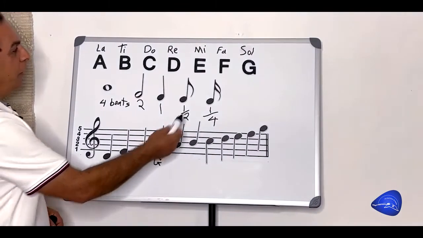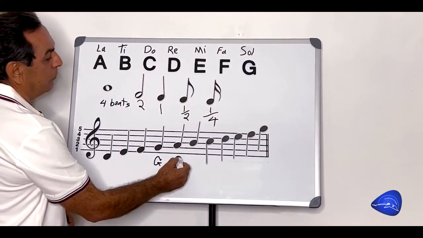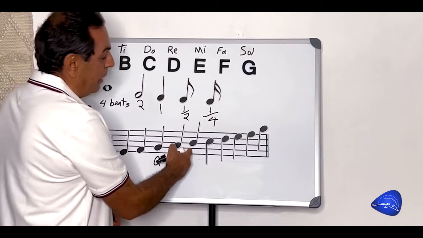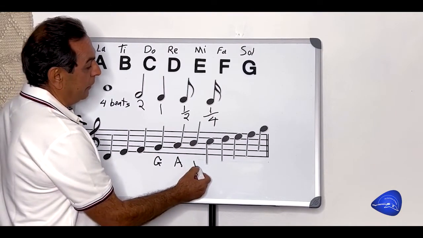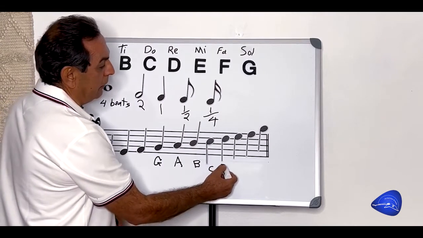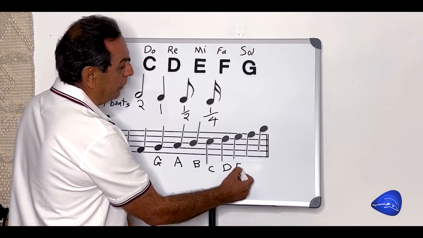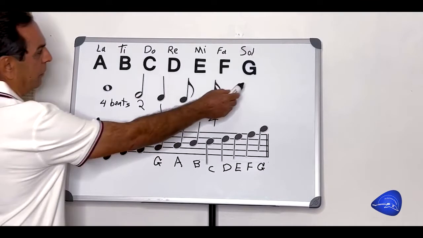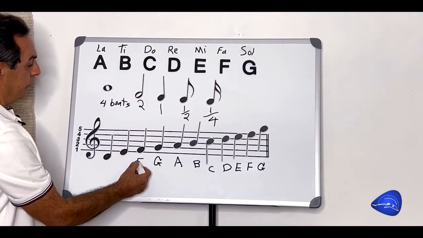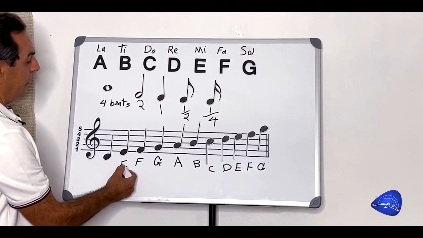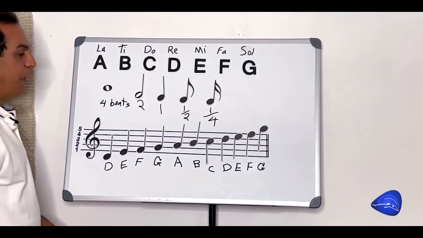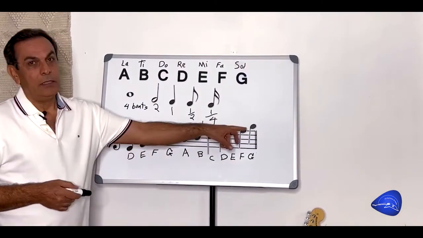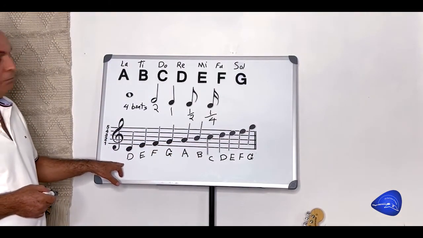We know after G is A. Between the second and third line is A. In the middle is B. C, D, E, F, G. Before G, we have F and E and D.